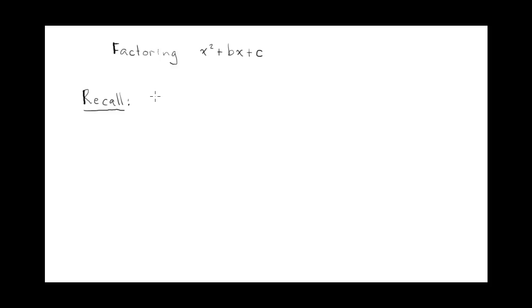So the distributive property would have you do a question like this: 2 times (x plus 1), and in the distributive property you'd distribute the 2 into the bracket, so you get 2x plus 2. So this was the distributive property.